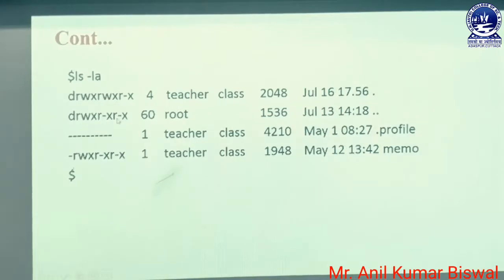Similarly, we also get another representation denoted as drwxr, which is also known as a root location like 60, and there is no class mentioned here. Then we have a size like 1536, and some date and timing, which is already available in our Unix system.